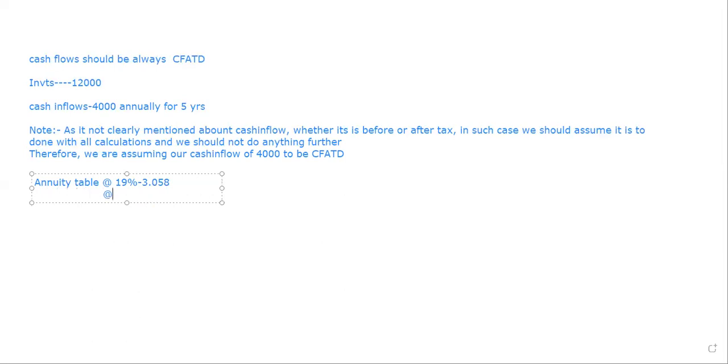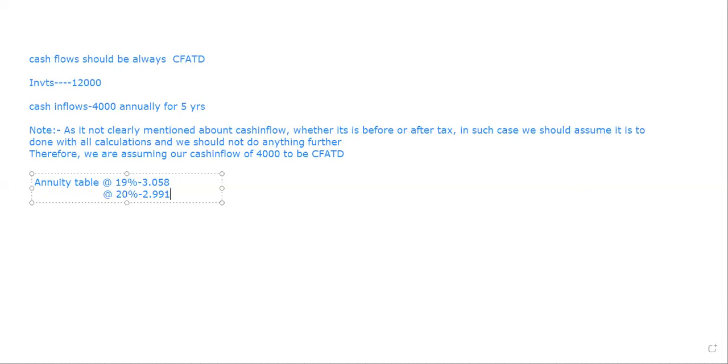So this is one point, and the annuity table at the rate of 20%. I'm going to take it because one condition here: whenever we are doing the IRR method, you need a proper solution. Remember, you should get one present value to be positive and one present value to be negative.